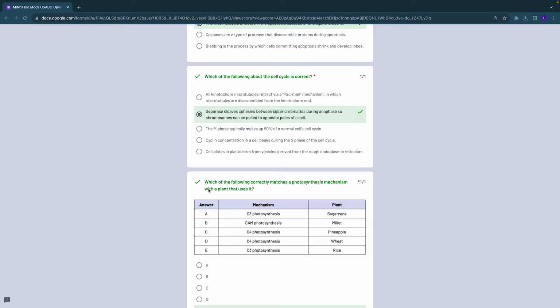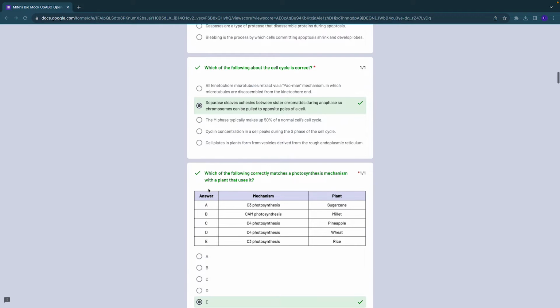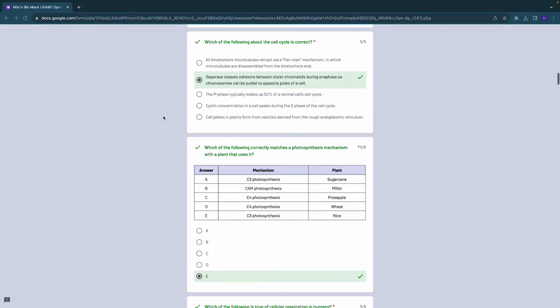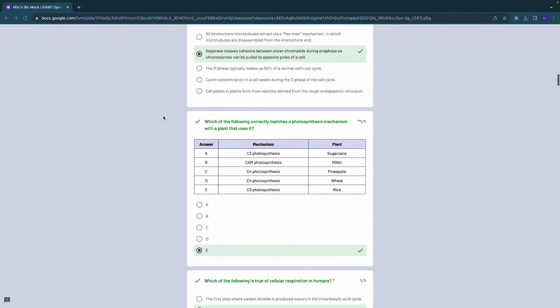So, next up, which of the following correctly matches a photosynthesis mechanism with a plant that uses it? So, we're just going to look for one that's correct. Sugarcane does not use C3 photosynthesis. Sugarcane is technically a grass, and most of our grasses are going to use C4 photosynthesis. Millet does not use CAM photosynthesis.